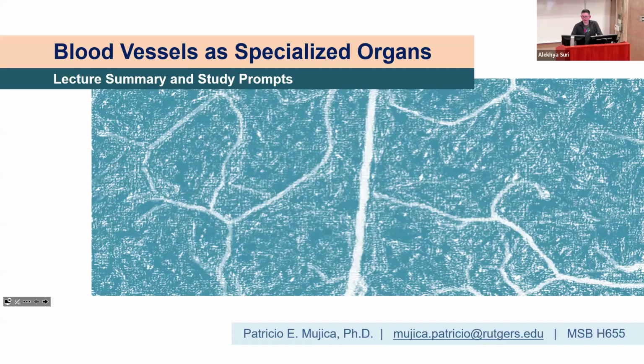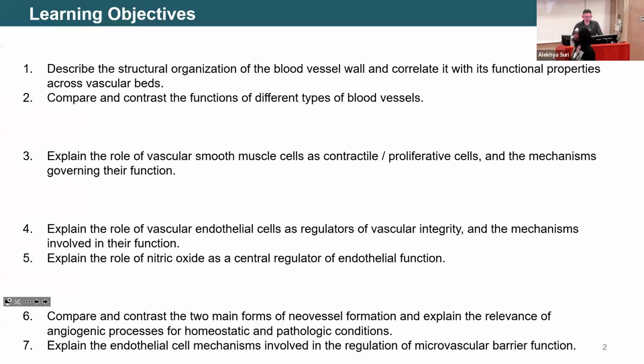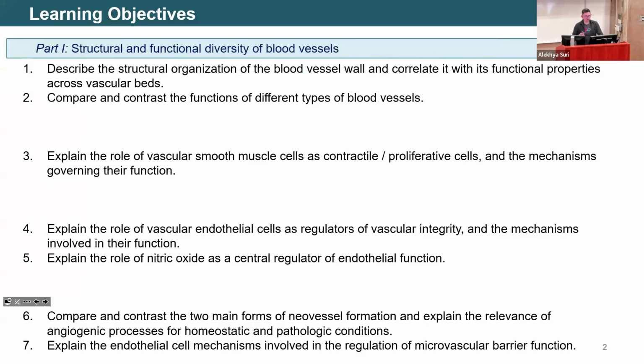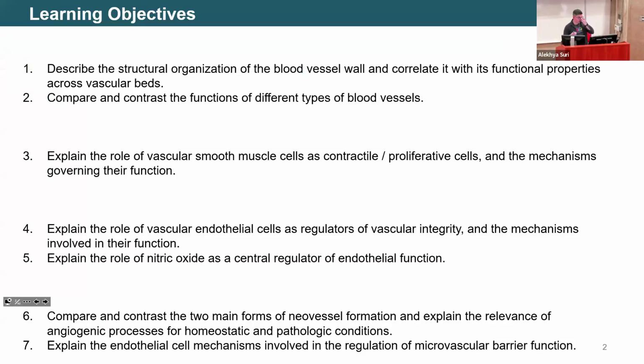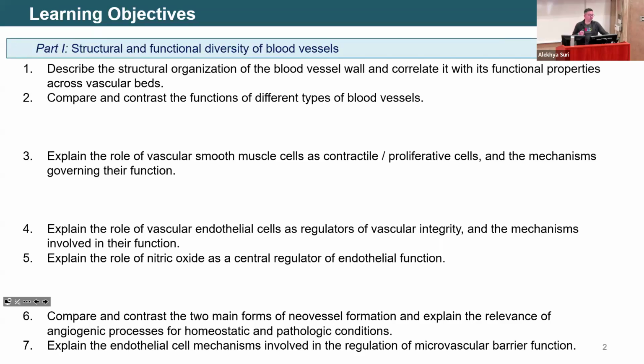So the lecture has a number of learning objectives which are listed here, but I've differentiated the list of learning objectives based on which part of the lecture. The lecture basically has 4 parts. So first, we're going to talk about very general aspects of the structure and function of blood vessels.